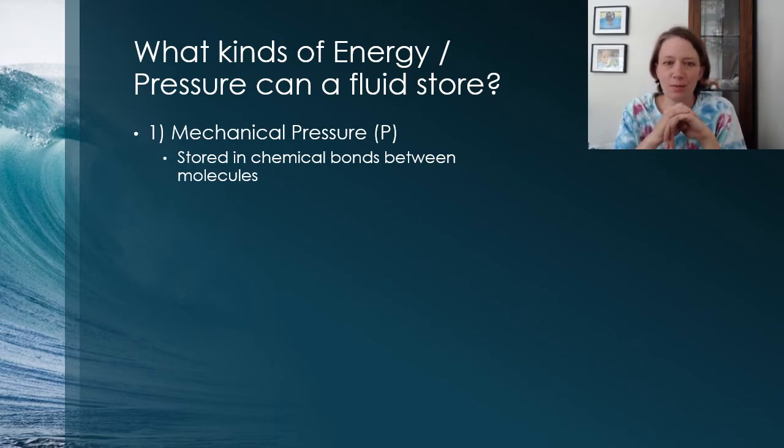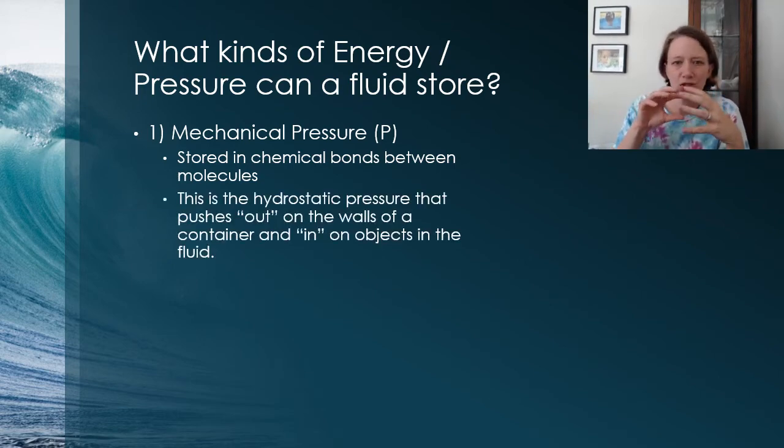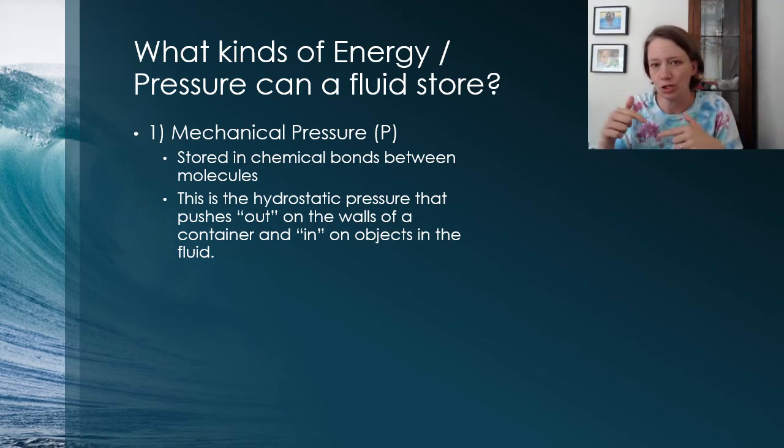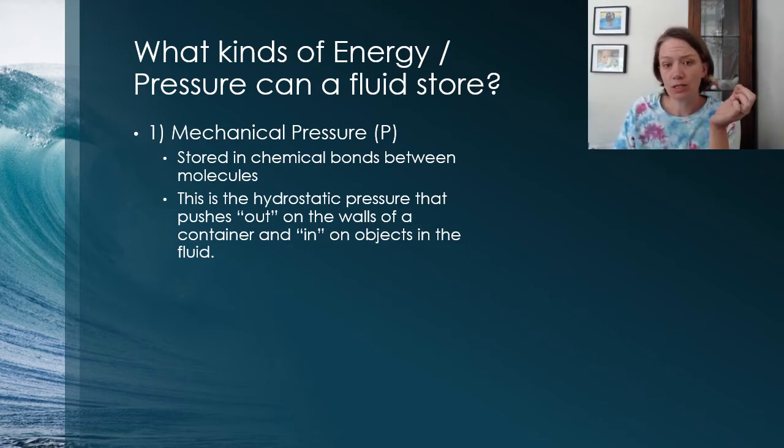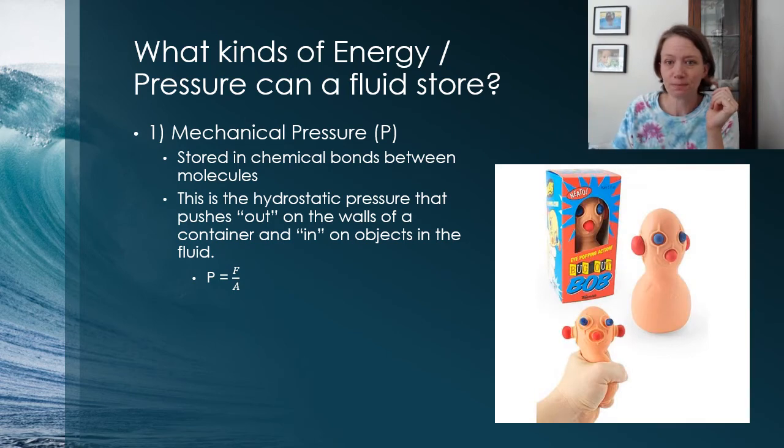This is the energy stored in the chemical bonds between the molecules, and it can be represented by the pressure that the fluid is pushing out on the walls of the container, or the pressure that's pushing in on objects that are inside of the fluid. When you know the value of this mechanical pressure, you can apply our original pressure equation to find the mechanical force acting on a portion of the wall of a container, for example.